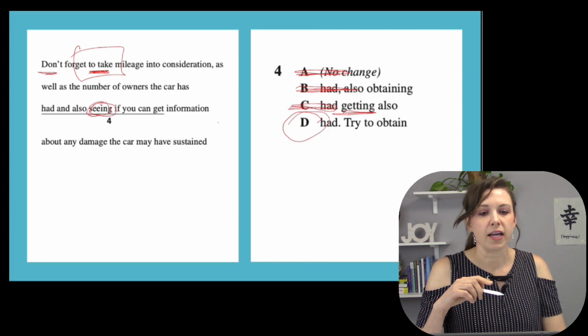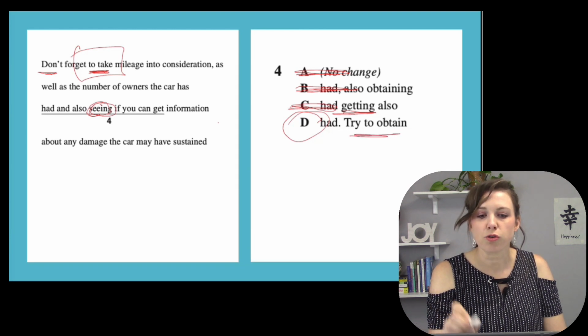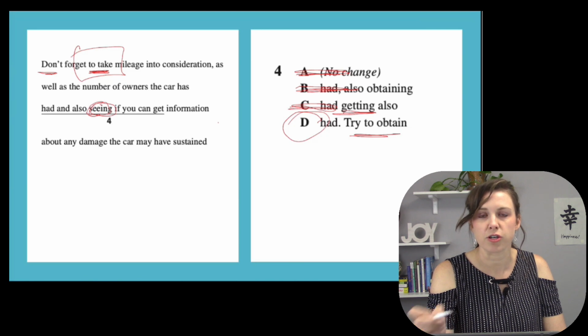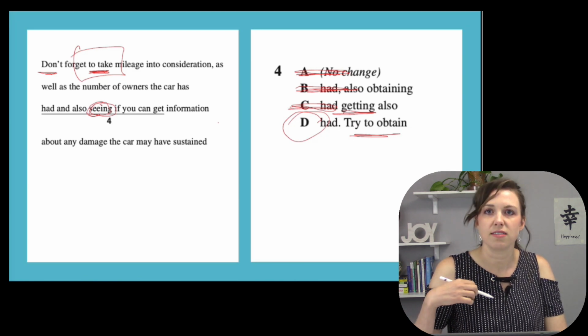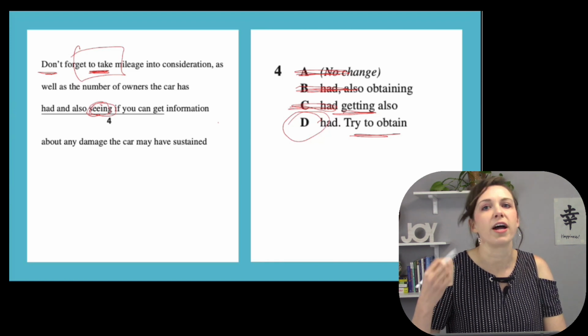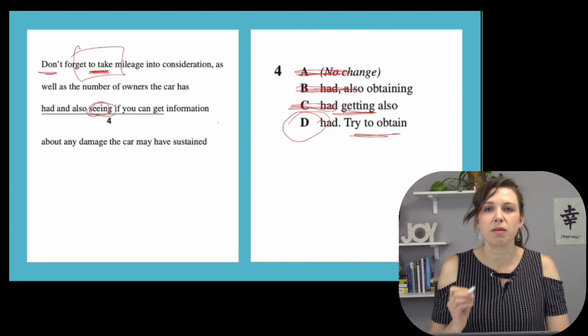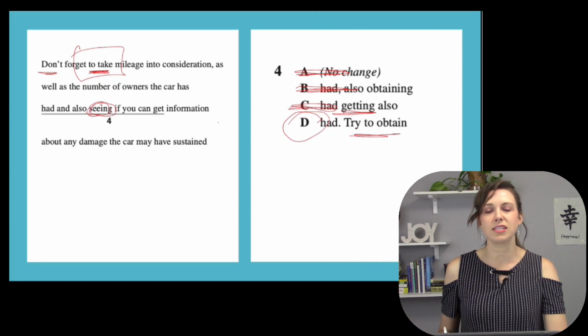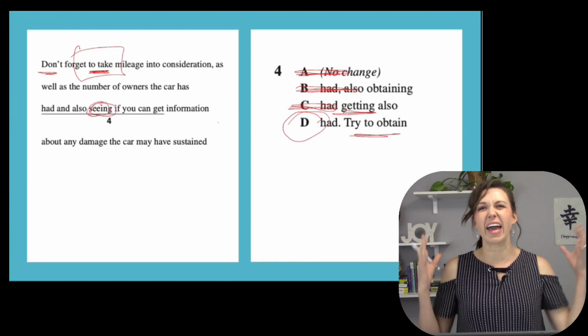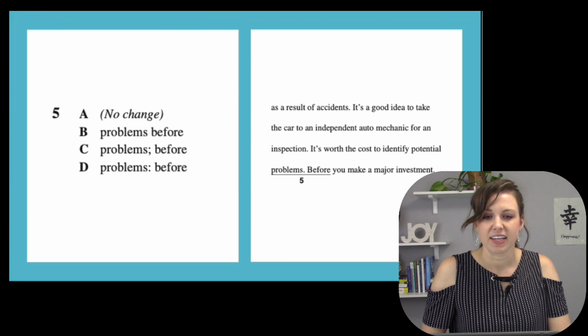The first part says, "don't forget to take," and the second part would be "try to obtain information." That's really consistent, right? The first one, don't forget to do this, and then try to obtain this. D is the answer just because of the consistency, and it also breaks apart that extra long sentence.